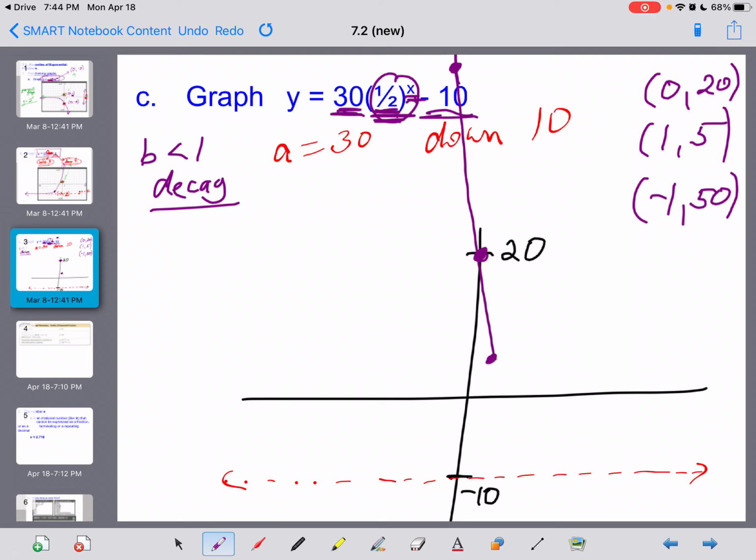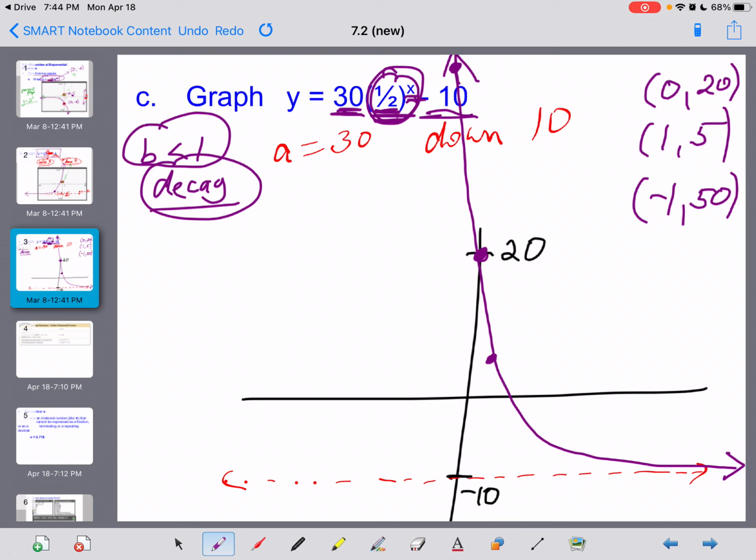This is a function that is decaying pretty rapidly, but it's going to level off, and it'll never touch its horizontal asymptote, nor will it ever cross it over to the other side. So because the base of this exponent was smaller than 1, that makes it an exponential decay function that's going down from left to right.